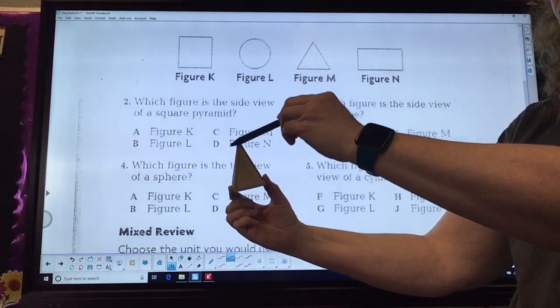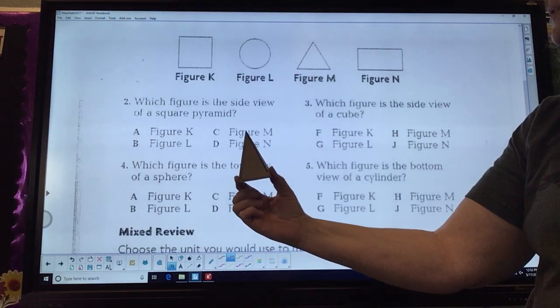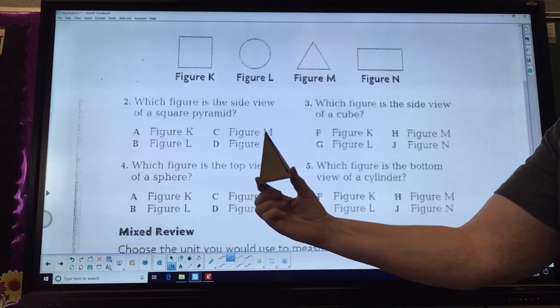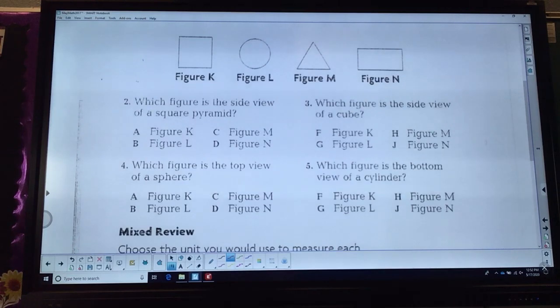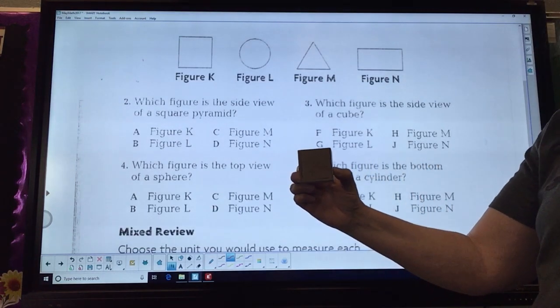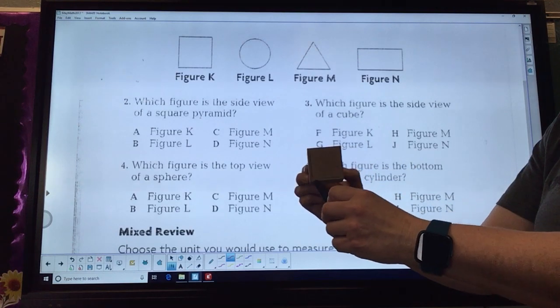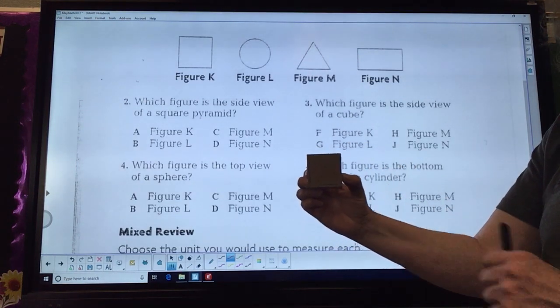I want you to tell me what this shape is. Mark your answer. Okay, the next one, number 3, it says which figure is the side view of a cube? Okay, here's your cube. What shape do I see right here?